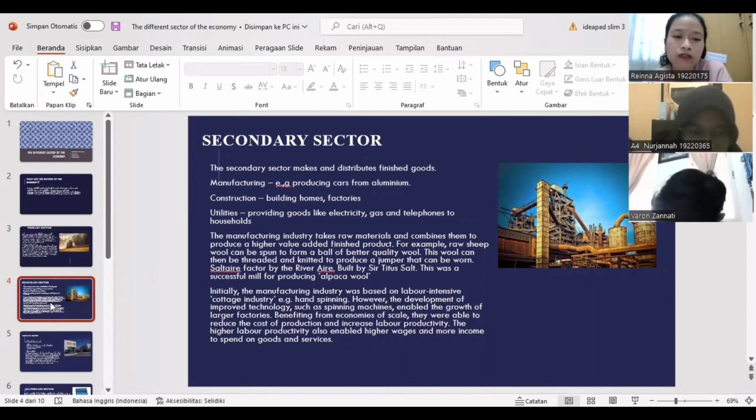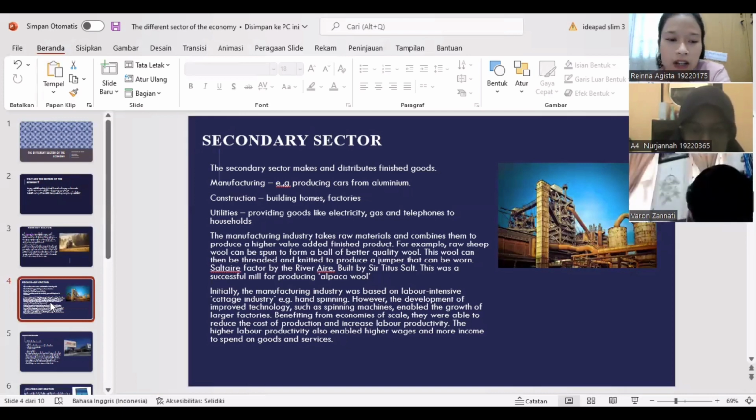The manufacturing industry takes raw materials and combines them to produce a higher value finished product. For example, raw sheep wool can be spun to form a ball of better quality wool.